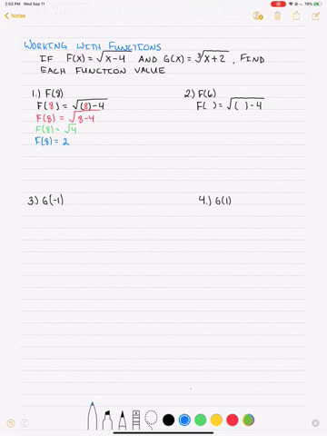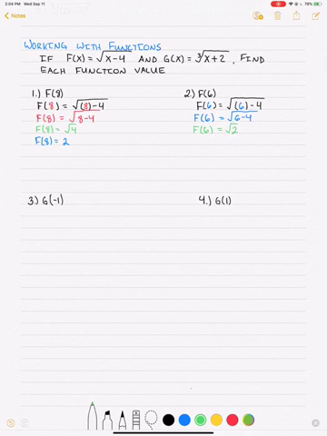I'm going to plug in 6, just like in the last problem we plugged in 8, and I'm going to simplify. I have f of 6 equals the square root of 6 minus 4. 6 minus 4 is 2, so f of 6 equals the square root of 2. I can't simplify that at all, so that's as far as I can go.